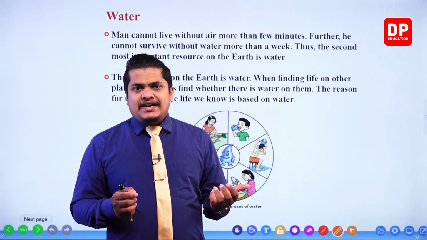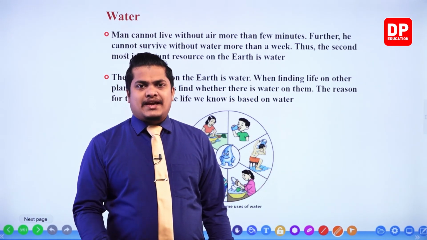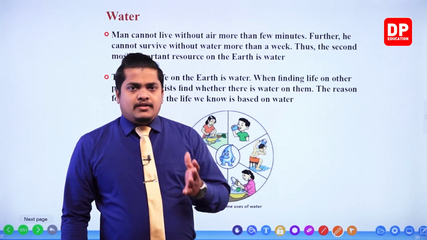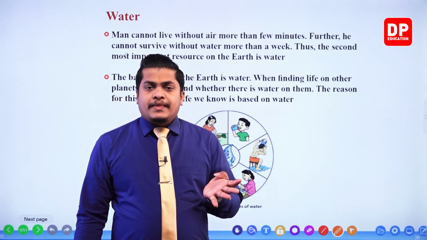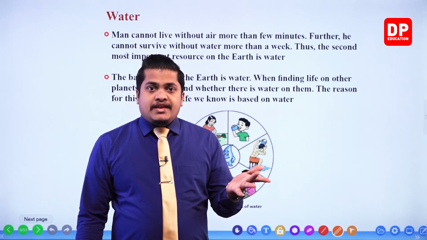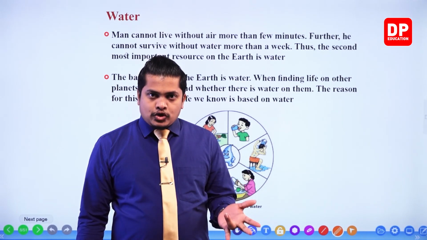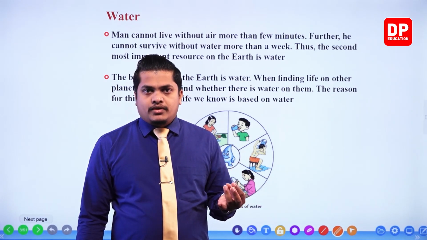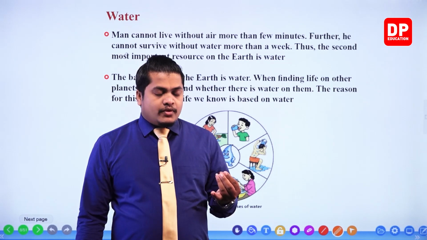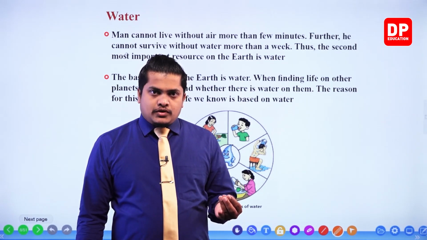So basically, scientists have defined life by using several metabolic activities that they do. I mean, all the living organisms, they respire and they get nutrition. They respond to a certain thing in the environment and they show movements and so on, right? So all of these activities are referred to as metabolic activities.